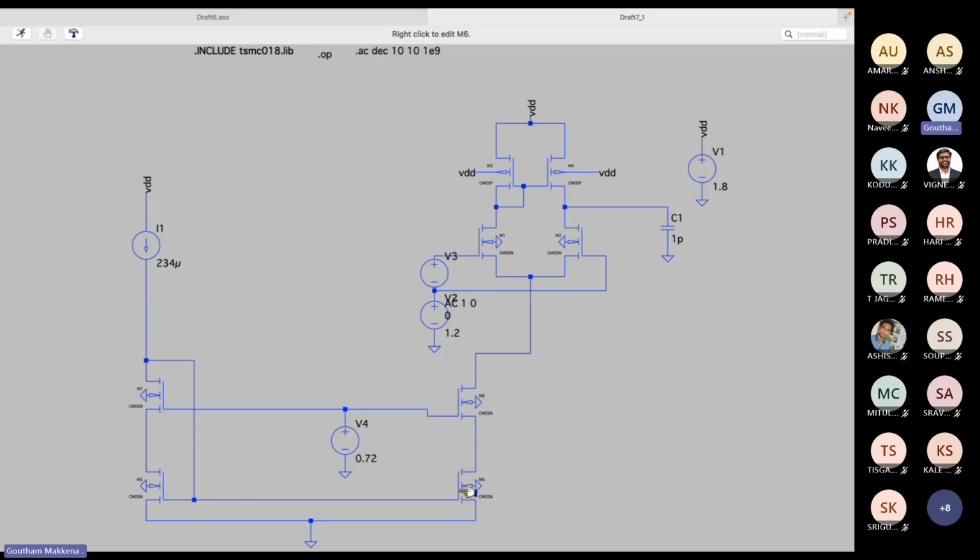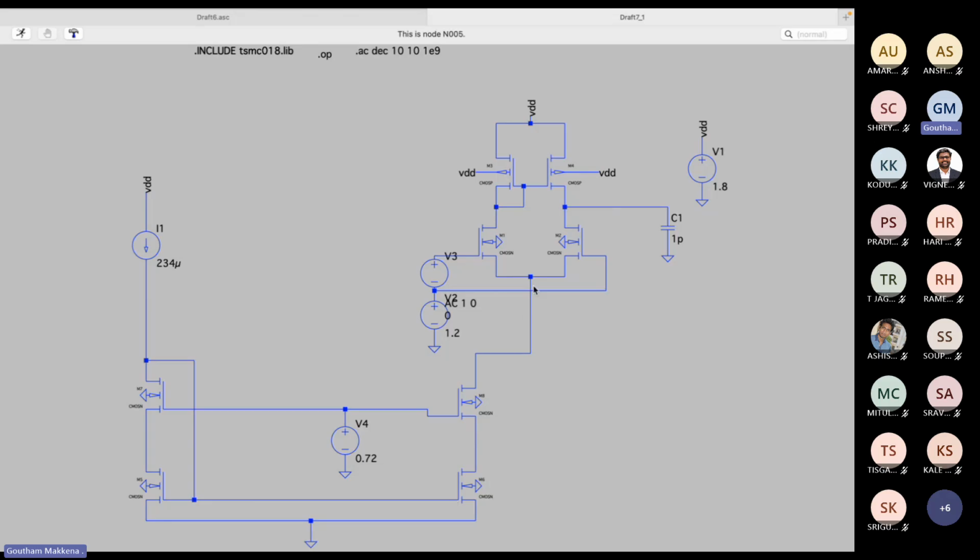See, we know that overdrive is VGS minus VTH. So from that I am telling VGS is nothing but V overdrive plus VTH. So V overdrive, I am assuming 100 millivolts over here, and I know the VTH of this MOSFET is 500 millivolts. So what is the VGS of this MOSFET? VGS is V overdrive plus VTH.